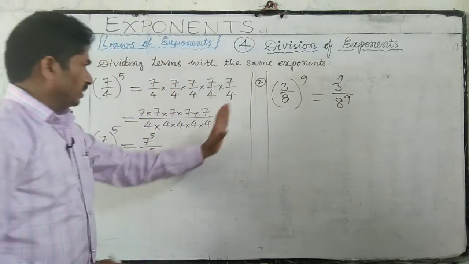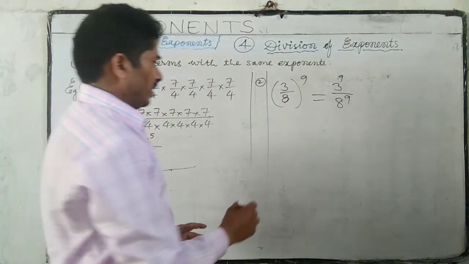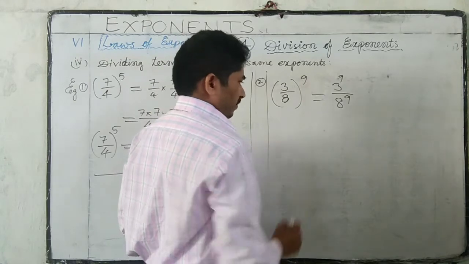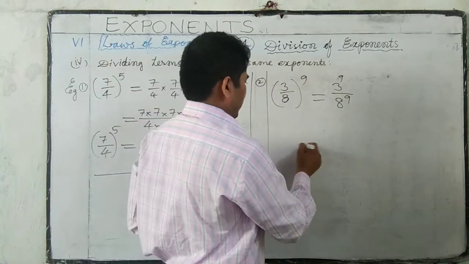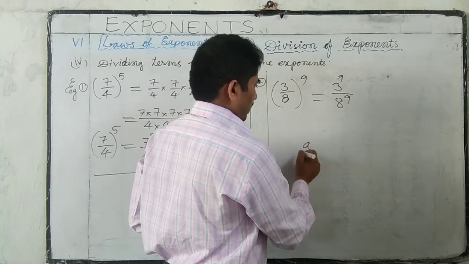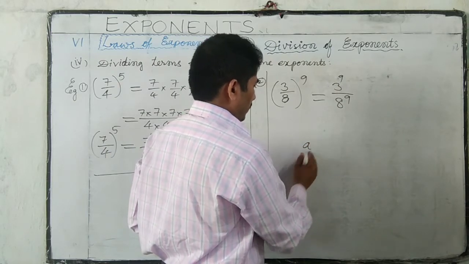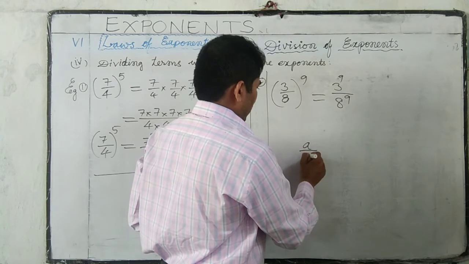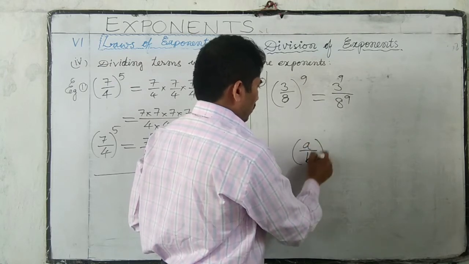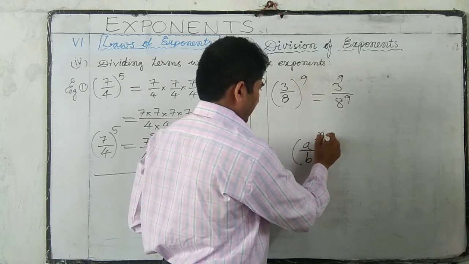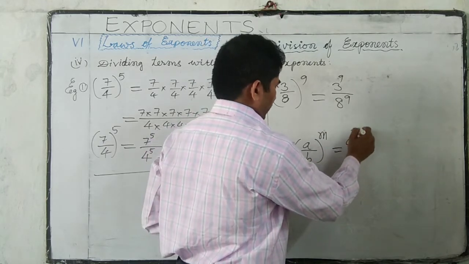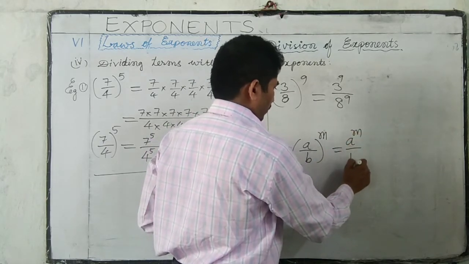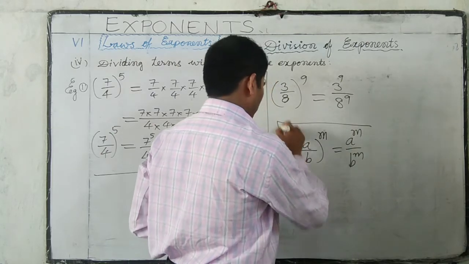By observing these two examples, we can write a formula for any non-zero integers a and b: a by b all to the power of m is equal to a to the power of m by b to the power of m.